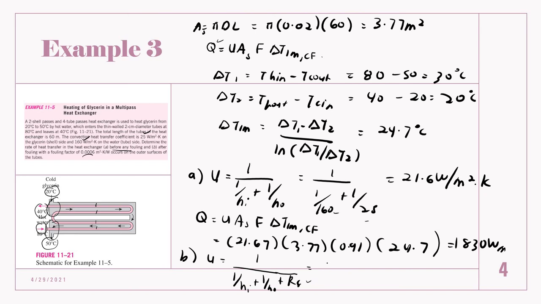You will get 21.3 watt over meter squared dot K. Using this equation again, but with a different U, you will get Q equal to 105 watt. So you can see here, when there is a fouling factor, the rate of heat transfer will decrease.